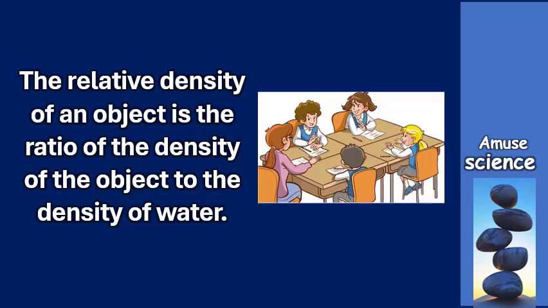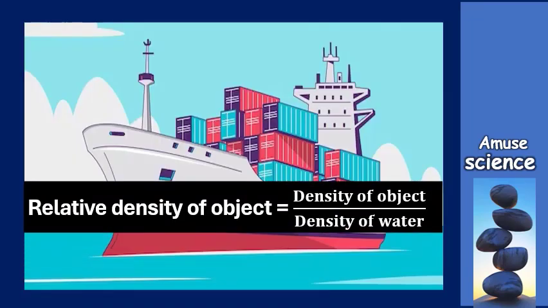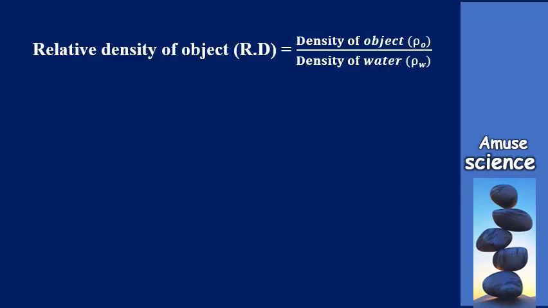Let us express this in a formula. That is, relative density of an object is equal to the density of the object divided by the density of water. In terms of symbols, we can have ρD, that is the relative density, is equal to ρO, density of object, over ρW, density of water.